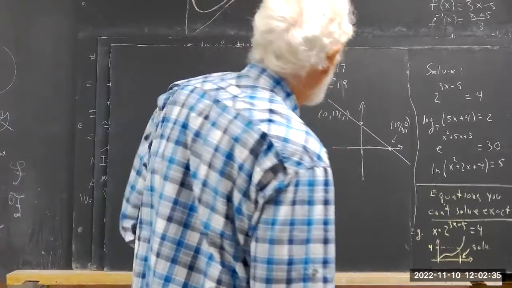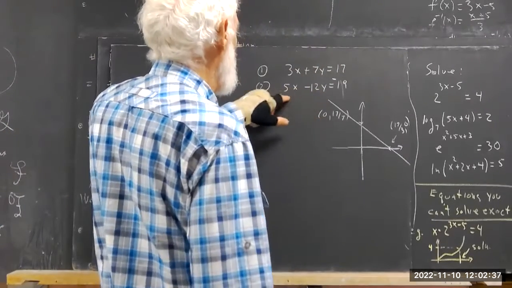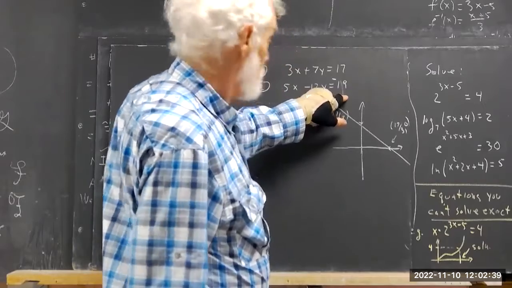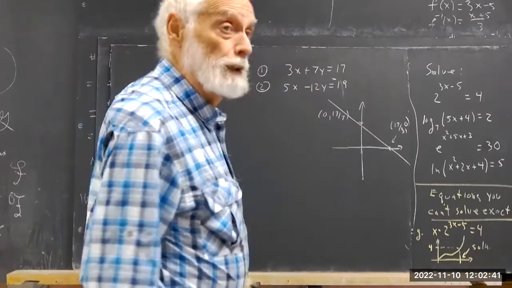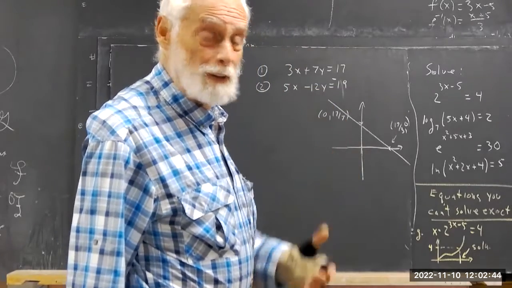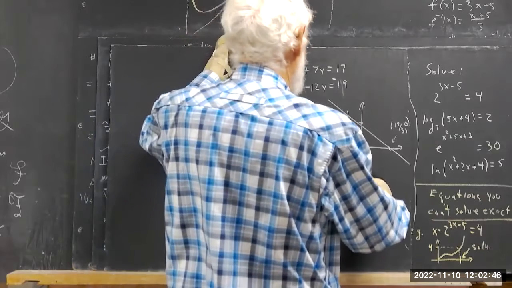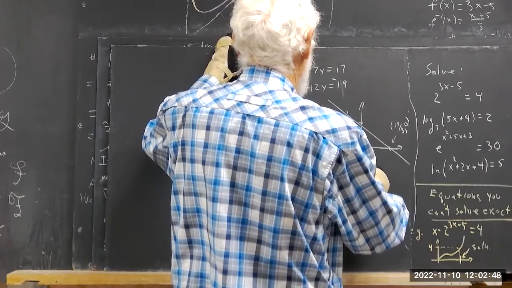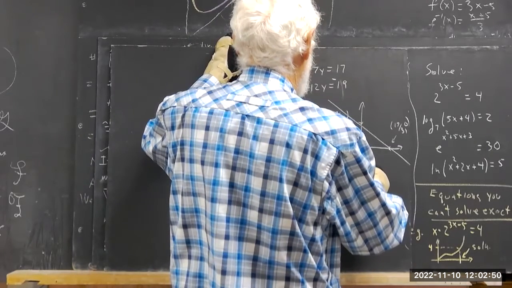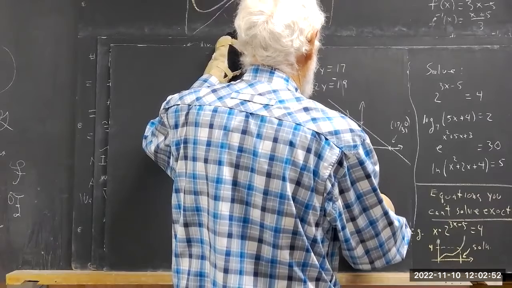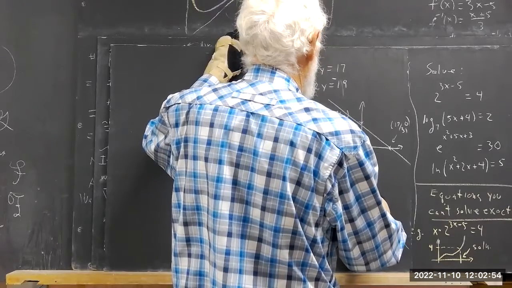I can do the same here. If y equals 0, x is negative 19/8.